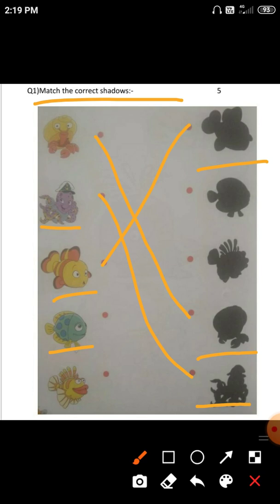See the outer structure, then match it. The correct shadow is the second one. Then the last fish is completely different. The feature is different, the color is different. So you have to identify the correct shadow and match it.